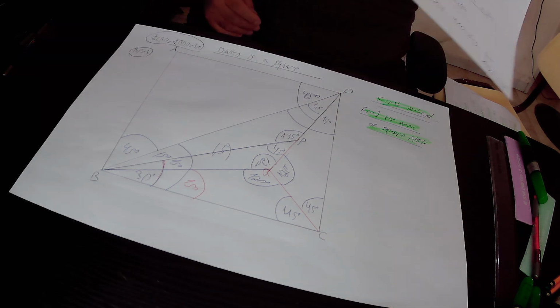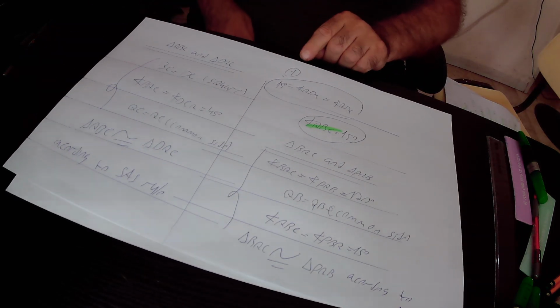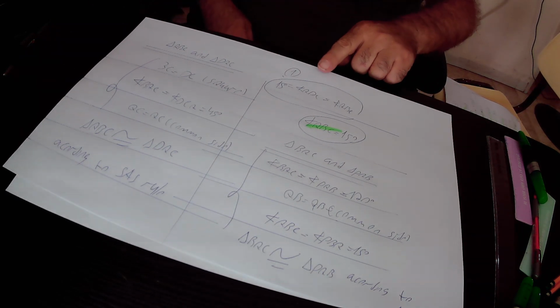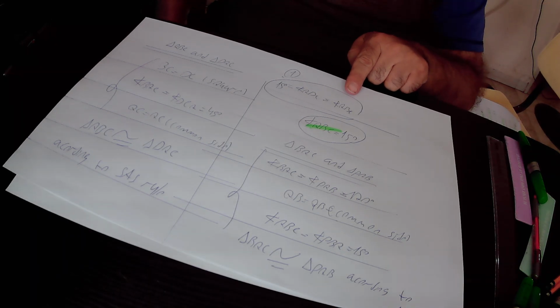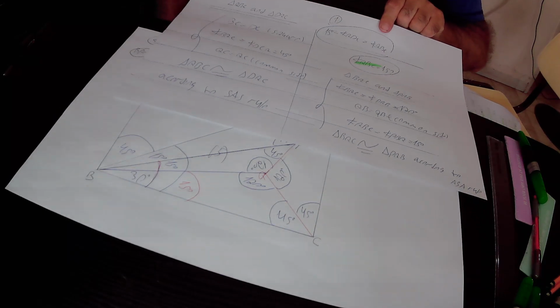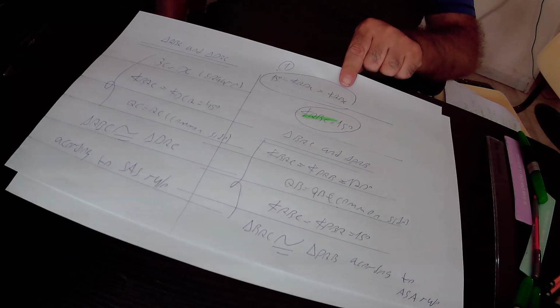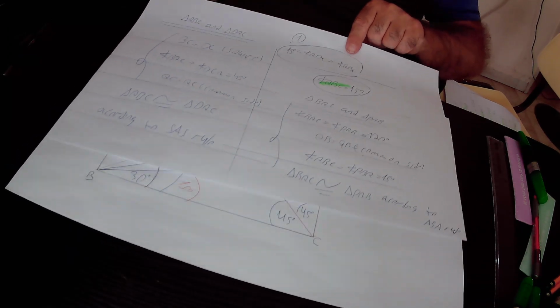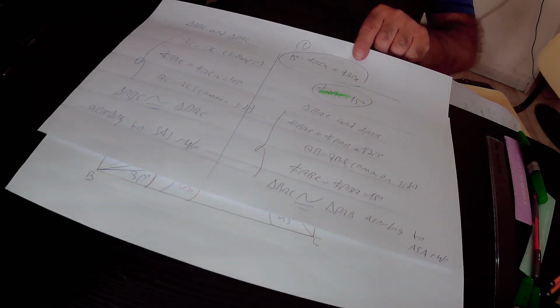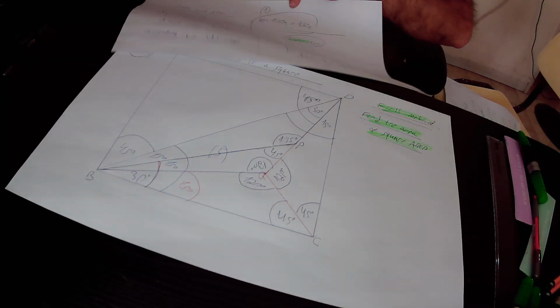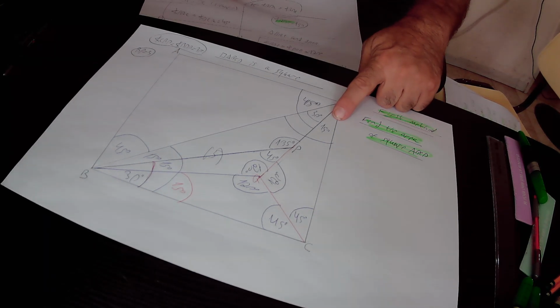So, angle QDC in triangle QDC equals angle QBC in triangle QBC. But we already found out that angle QDC equals 15 degrees.